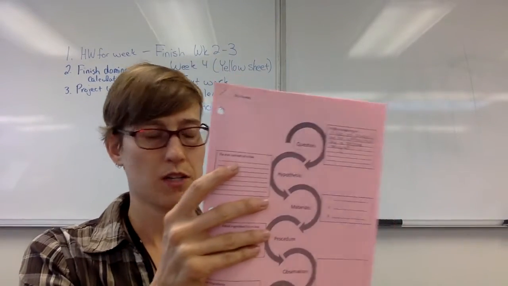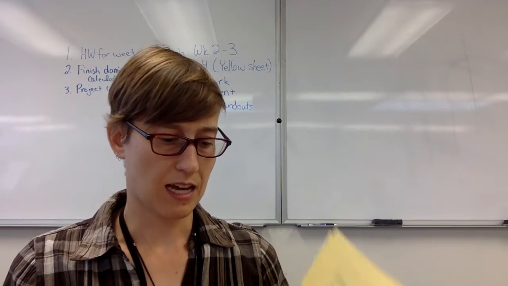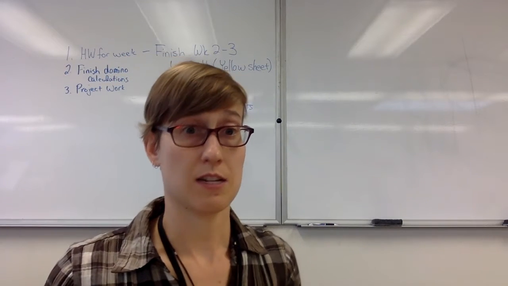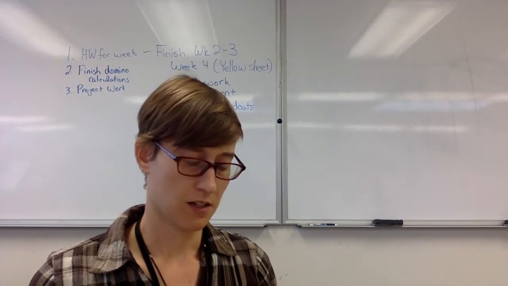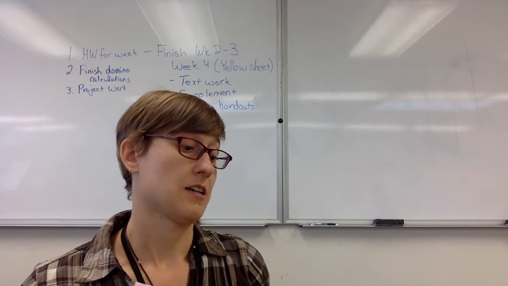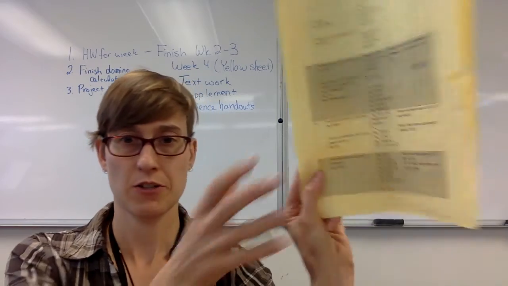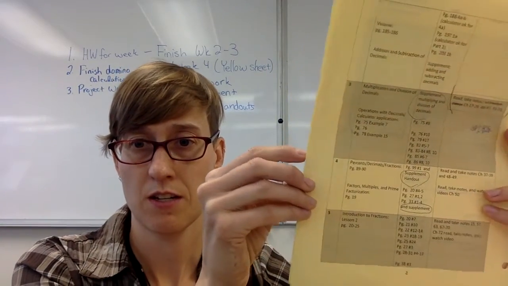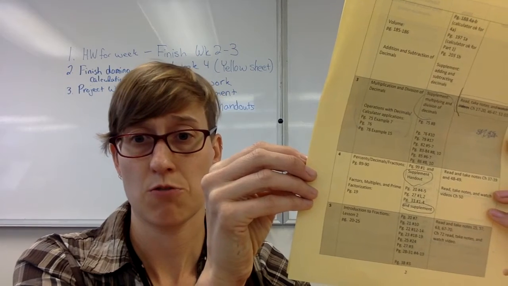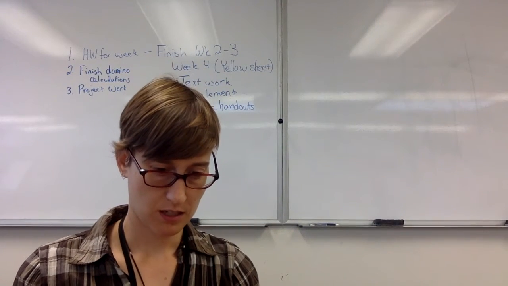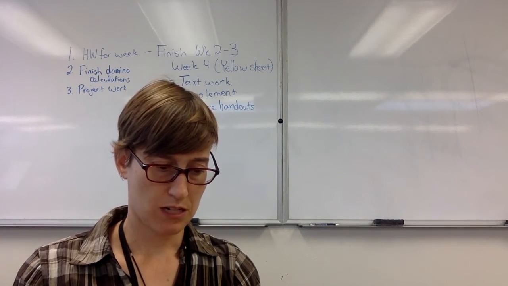My science homework, so remember you go online to the science textbook and you read the section and then you take notes on what you read. On my yellow handout it says that I should be doing chapters 37 through 39. So I'm going to look for chapter 37 through 39.